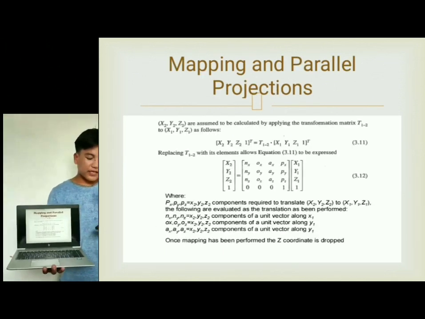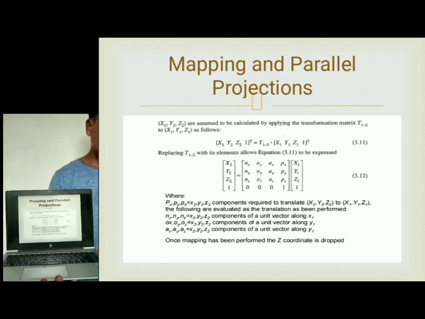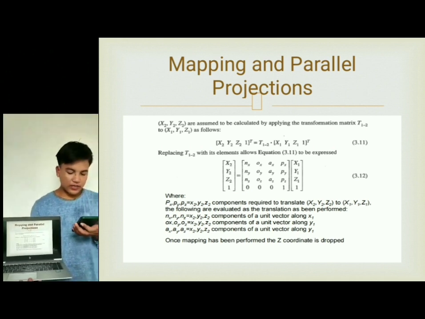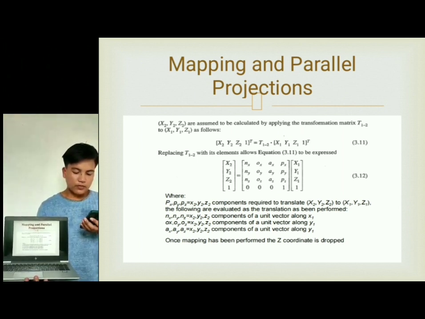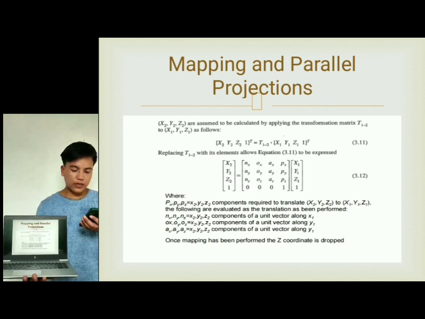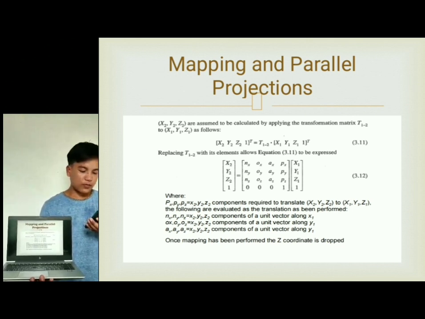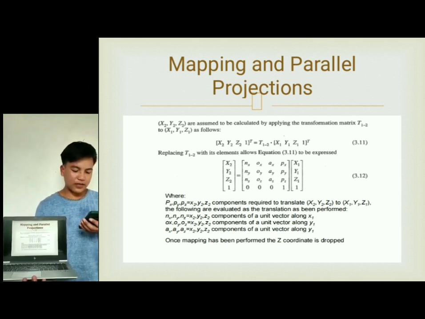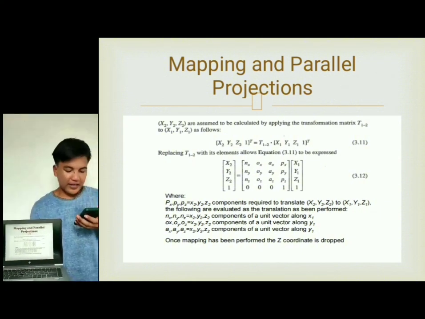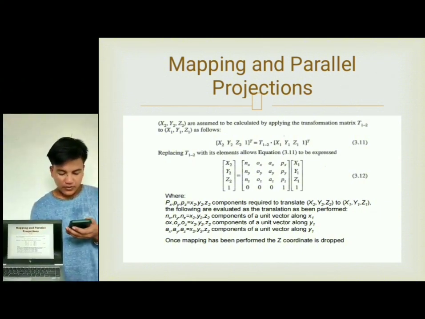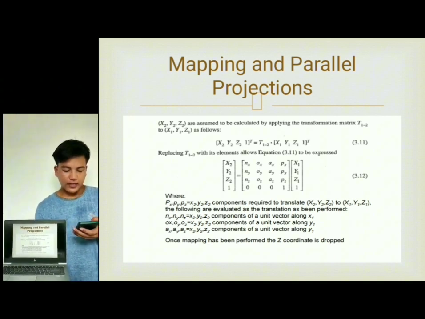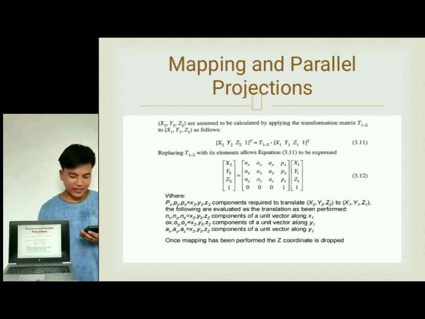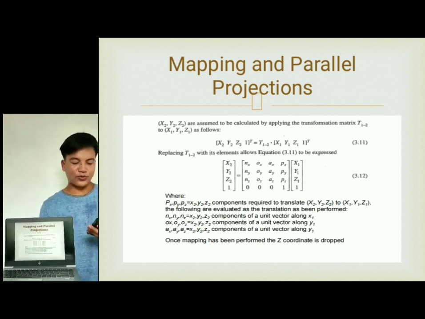Mapping in parallel projection. x2, y2, z2 are assumed to be calculated by applying the transformation matrix T1-2 to x1, y1, z1 as follows: (x2, y2, z2, 1) equals T1-2 times (x1, y1, z1, 1).